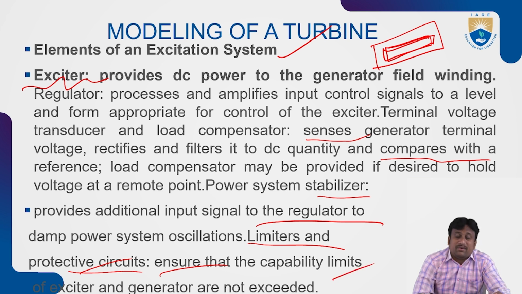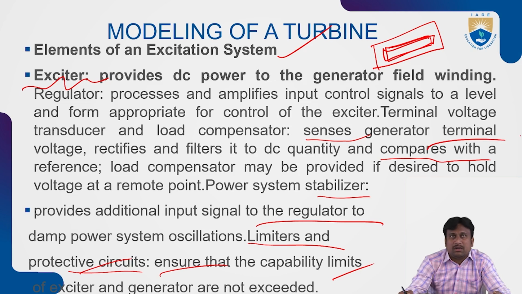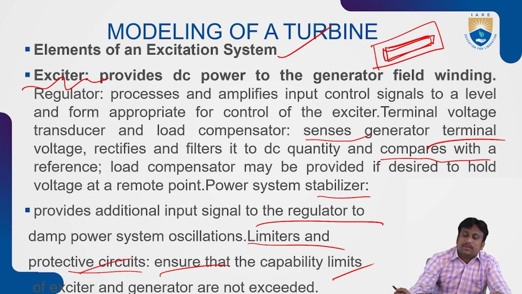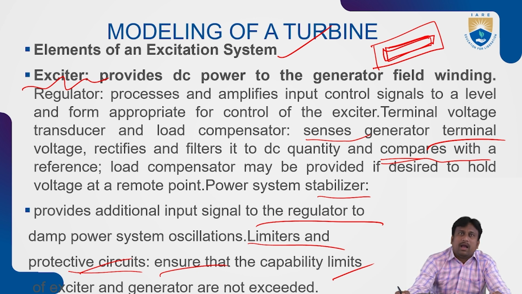The power system stabilizers are placed with the remote point, and the compensator elements are treated under terminal voltage conditions. The transducers and load compensators are tied together to sense the generator terminal voltages, and it rectifies and filters the unnecessary contents, to make the efficiency of the system high.